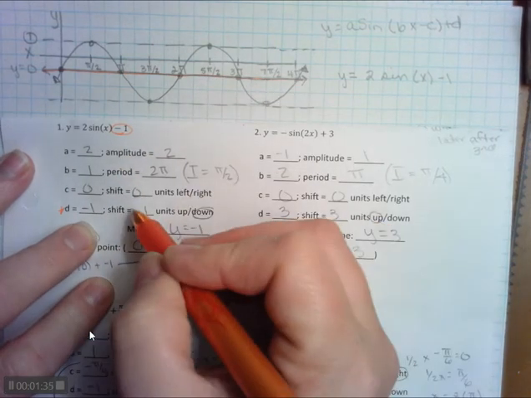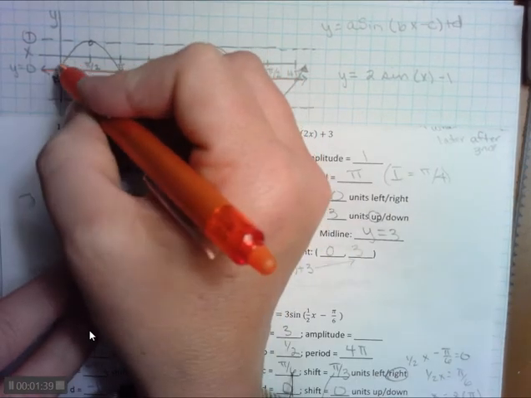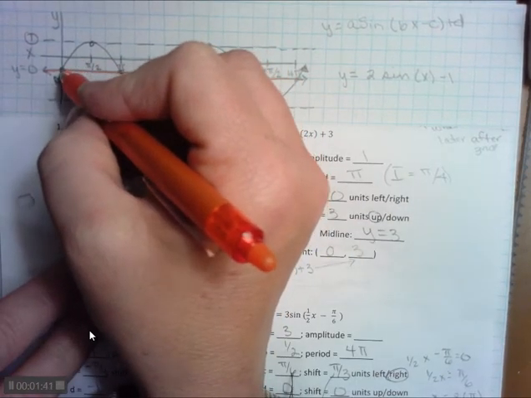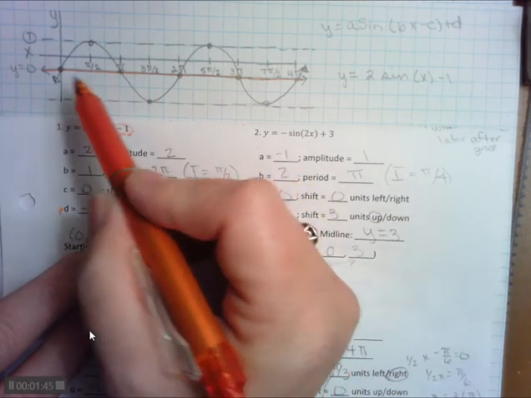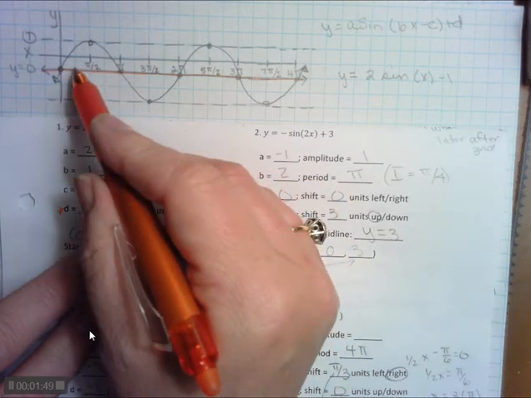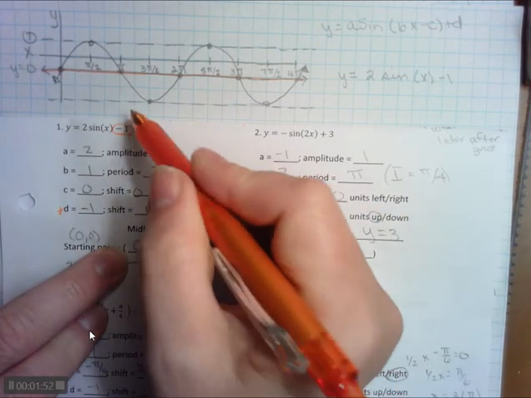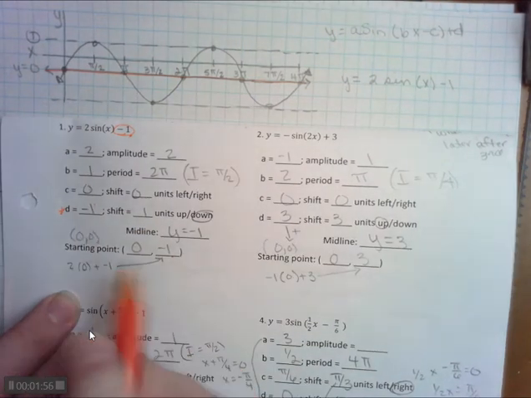And then we always start at 0, 0, and it's like it got shifted down because of this -1, and that is our technically 0, 0. But it's not really 0, 0, it's 0, -1 because of our shift down. Because remember, we had 2 times 0 plus 1.